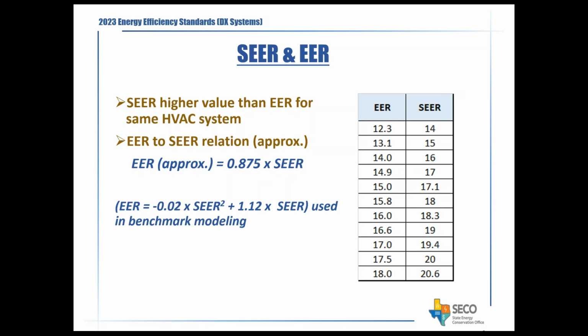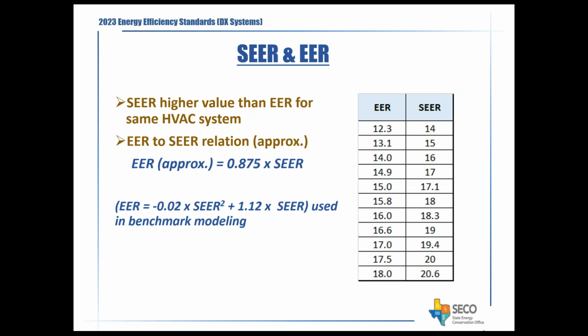So you'll see slightly less than SEER, and that's how you can generally compare EERs for different systems. It can get complicated, and there are different formulas if you want to do it more accurately, but if you're just trying to have a rule of thumb, you'll be pretty close by using that formula.